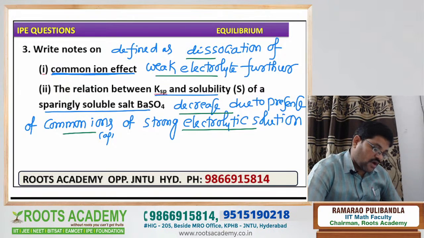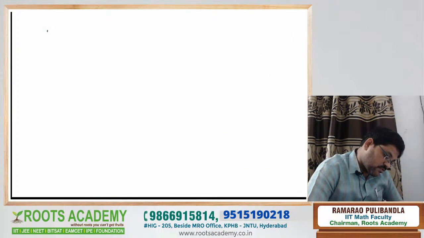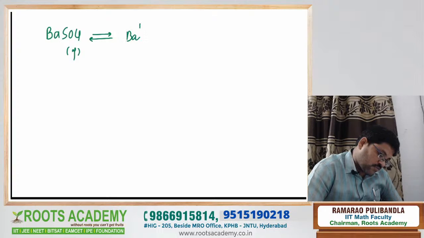Understood? Now, the next question is about the relation between the KSP and the solubility of a sparingly soluble salt like BaSO4. For example, take barium sulfate in aqueous solution. Barium is a heavy metal, that's why it is sparingly soluble. At equilibrium, you get 1 mole of Ba2+ aqueous plus 1 mole of SO4 2- aqueous.